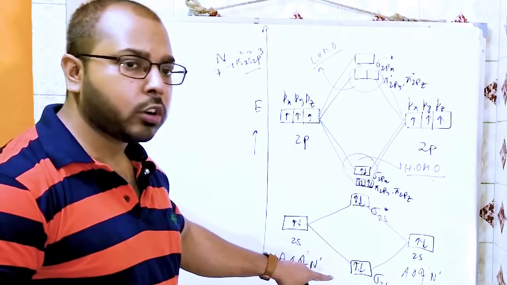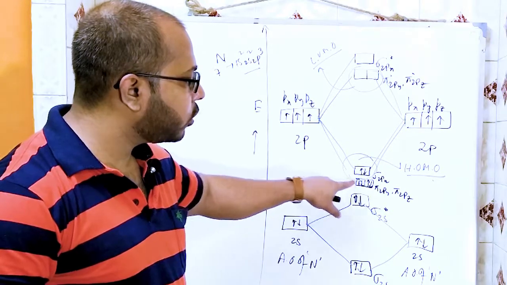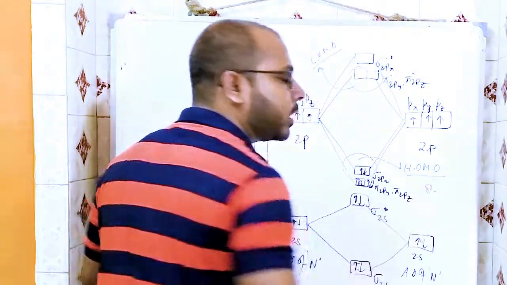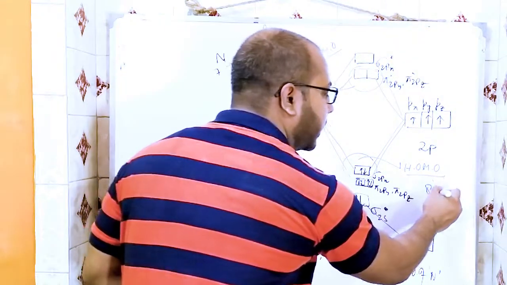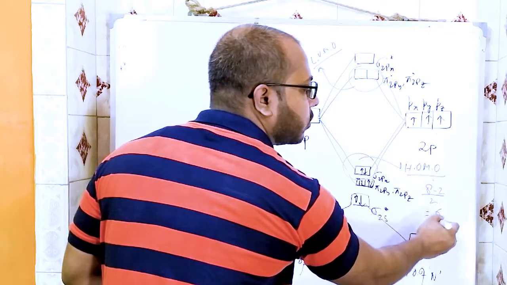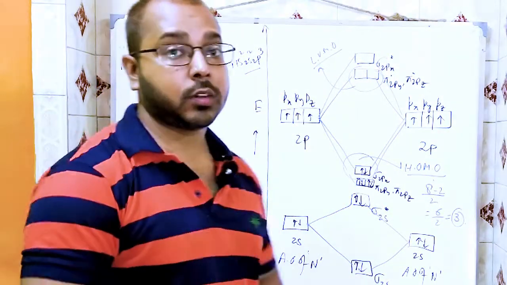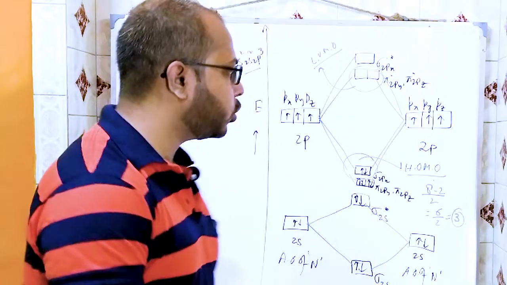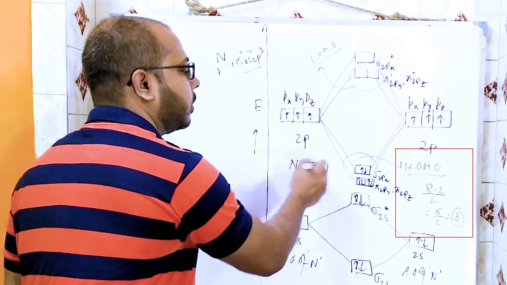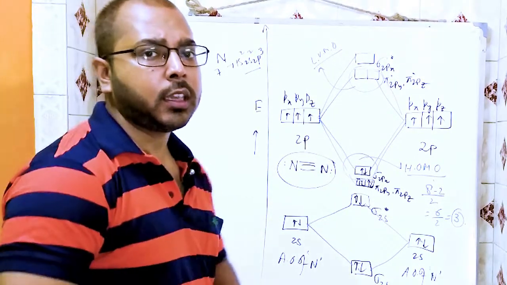And what is the bond order? Bonding electrons: 2, 4, 6, 8. 8 minus anti-bonding divided by 2. So you get 3. So the two nitrogen atoms have a bond multiplicity of 3.